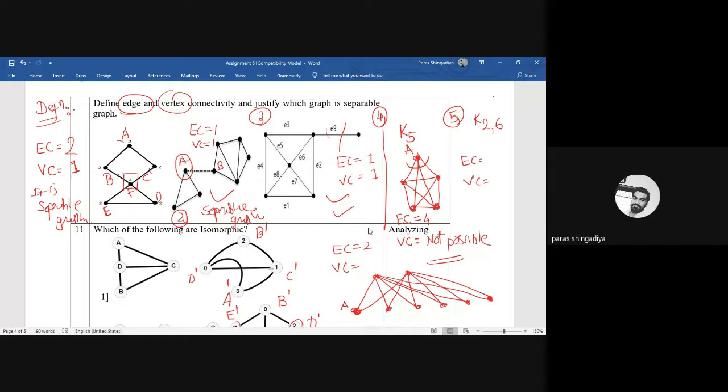Have you done all this for example? Okay. So now it's very easy for you. Vertex connectivity.